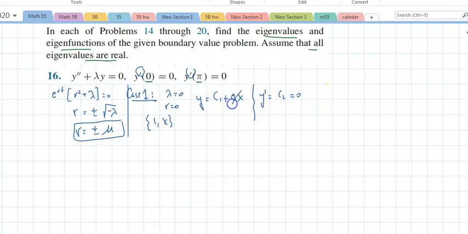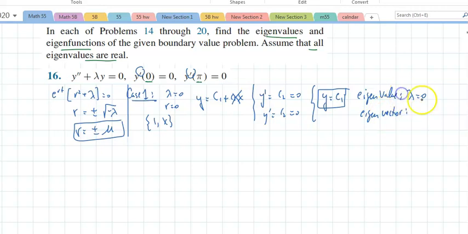Well, that means this is gone. And y prime of pi, well, y prime is c2 evaluated at pi, that's still 0. That gives the same value, which indicates that the solution is y equals c sub 1. So in this case, the eigenvalue is lambda equals 0, and the eigenfunction is 1, basically a multiple of a constant.